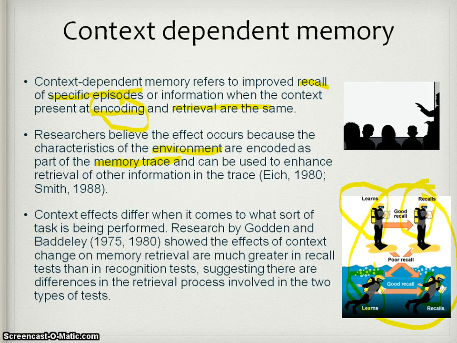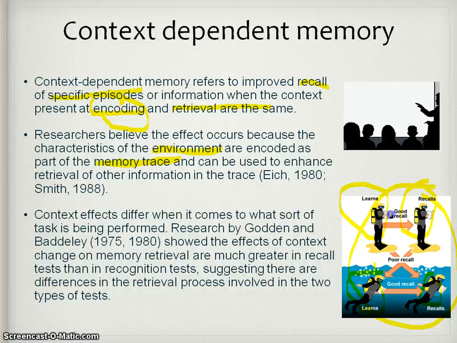So if you were tested underwater and you'd learnt it underwater, then you did well on the test. If you learnt it on the beach and recalled it on the beach, you did well on the test. But if you learnt it on the beach and then tried recalling it underwater, you didn't do as well. And the same the other way around. Learn it underwater, recall it on the beach, the participants didn't do as well.